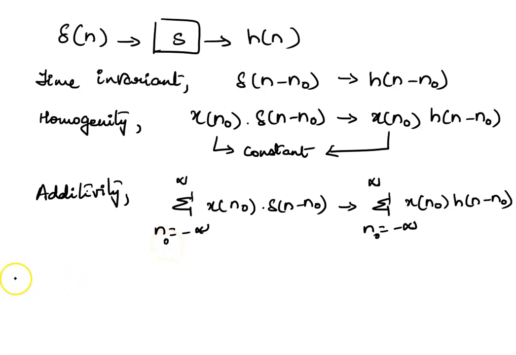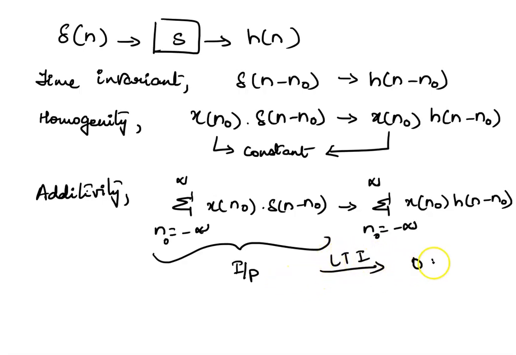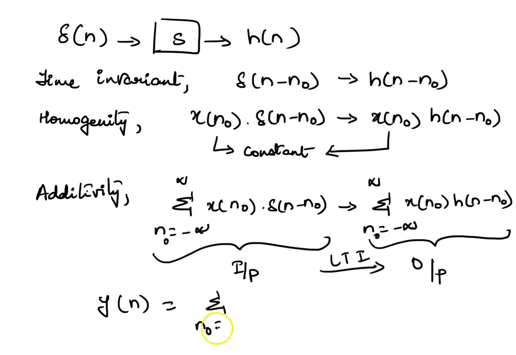If I assume this to be my input to any given LTI system, then the output of that LTI system is on the right hand side. So how do we write y of n? y of n is equal to the summation over n naught from minus infinity to infinity of x of n naught h of n minus n naught.